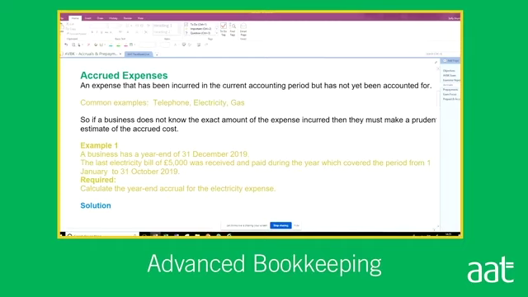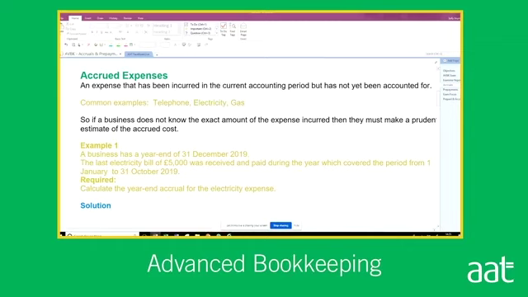In reality, it means that we've not received the invoice, because once we receive the invoice, we'll process it and it will be updated to the nominal ledger. So we've used the expense, we've just not accounted for it, but we need to account for it because it relates to that financial period.